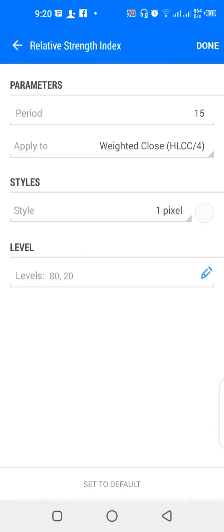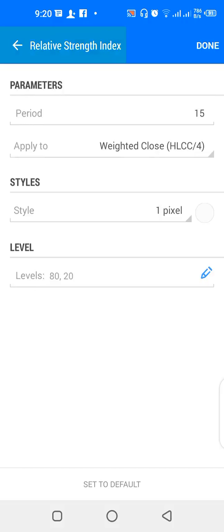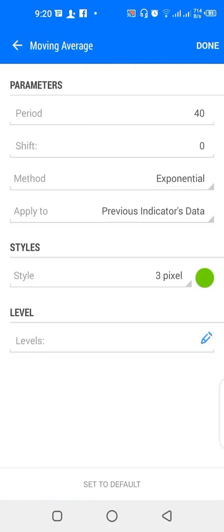Then relative strength index: period is 15, applied to weighted close, no color. The levels are 80 and 20 and the color is black. That's that for the relative strength index. For moving average, the period is 40, shift is 0, method is exponential, applied to previous indicator's data, and the color is green.